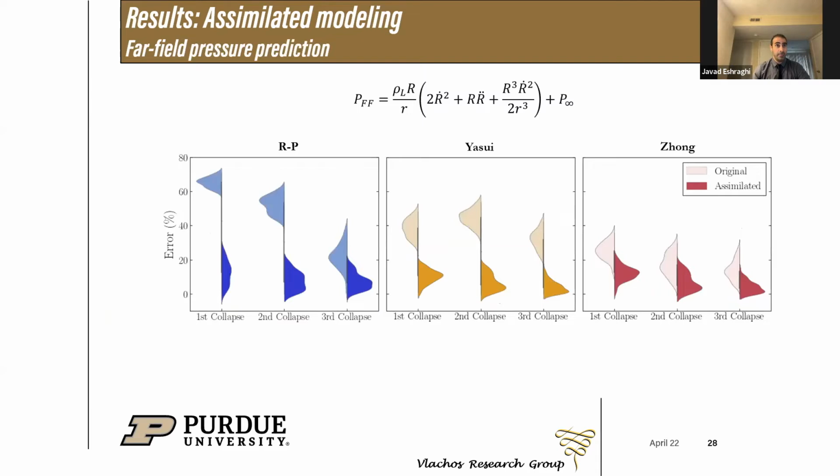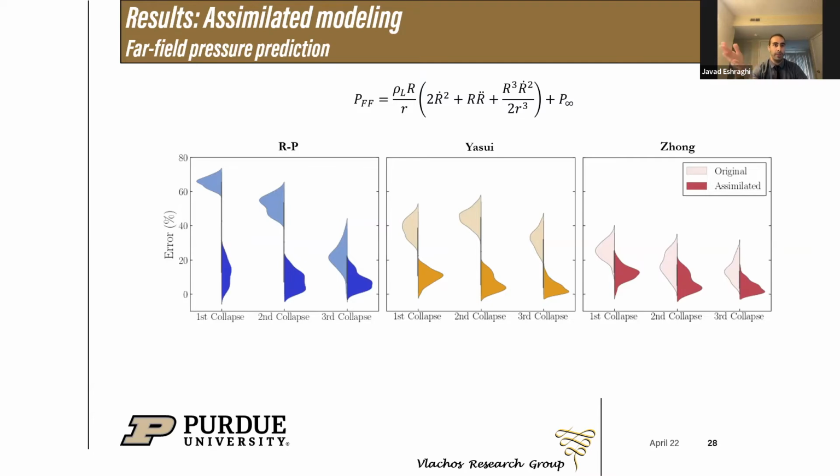Next, we compare the estimated collapse-induced pressure amplitude, which is computed by the original cavitation models and assimilated versions. The plot shows the error between hydrophone measurements and predictions by original and assimilated versions for the first 3 collapses. Each panel in this figure corresponds to one model, and the most significant deviation between models' predictions and measurements is observed at the first collapse, where Rayleigh-Plesset predicts the pressure amplitude with around 70% error on average.